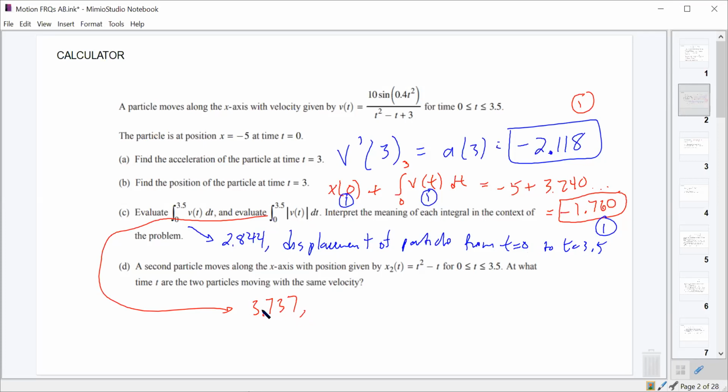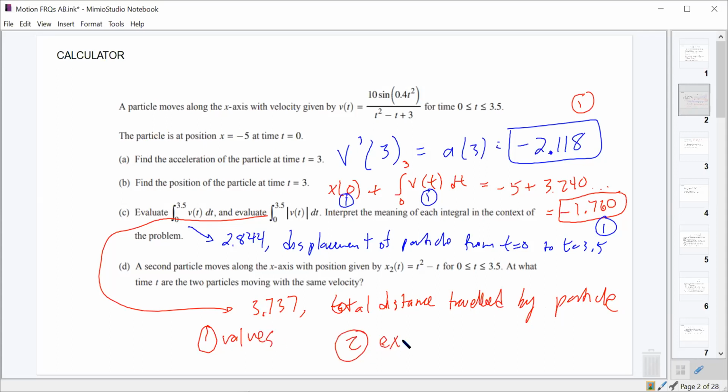And you would have said that this is the total distance traveled by the particle on that same time interval. Easy enough there, hopefully. Yeah. And you got 1 point for the values, and you got 2 points for the explanations.